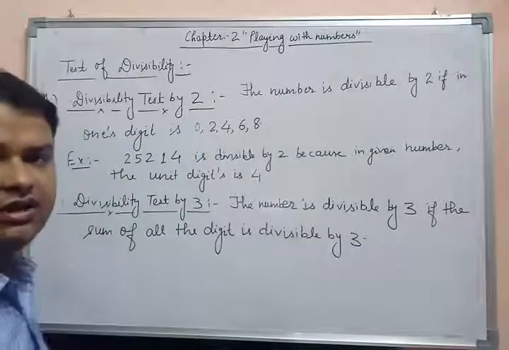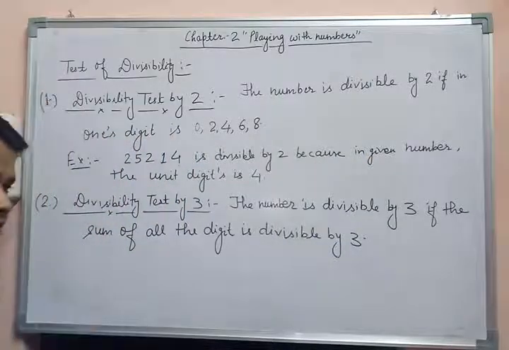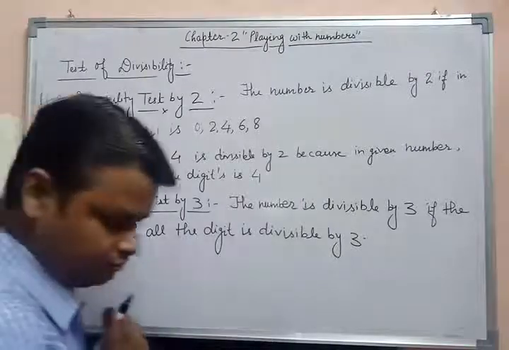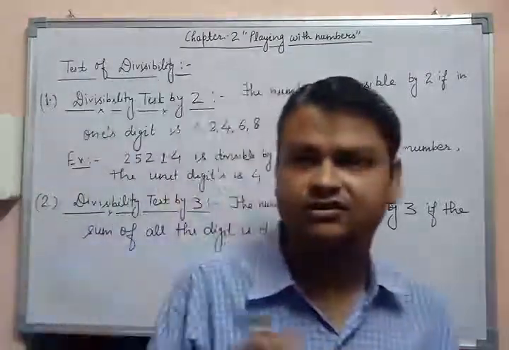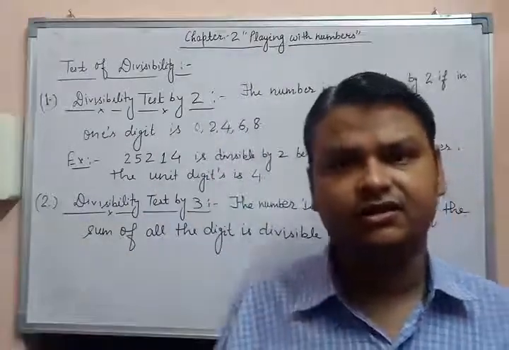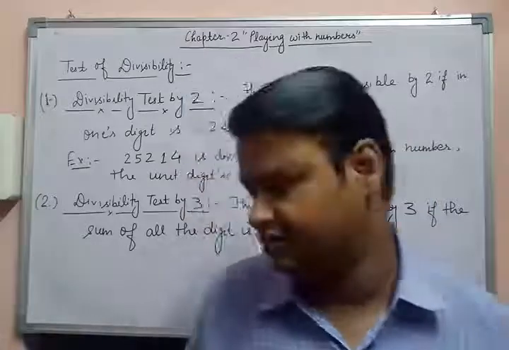So students, this is the rule. If you have to check, first of all find the sum of all the digits, and if the sum is divisible by 3, then the whole number will be divisible by 3.